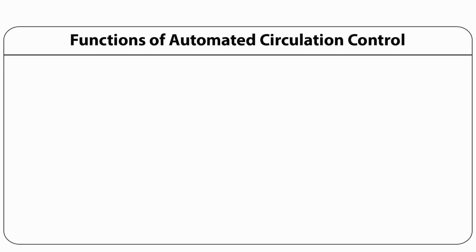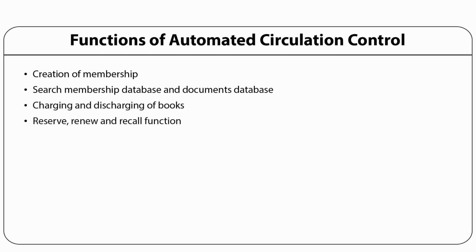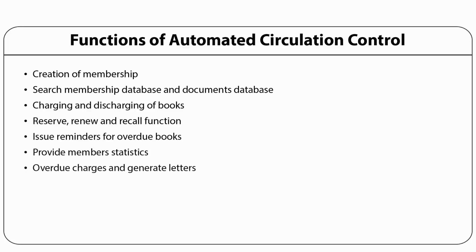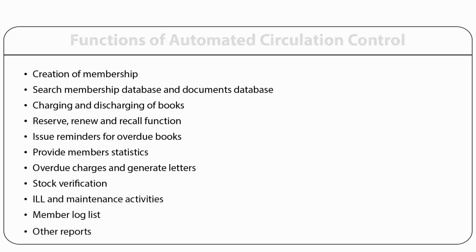Functions of automated circulation control are as follows: creation of membership, search membership database and documents database, charging and discharging of books, reserve, renew and recall function, issue reminders for overdue books, provide members statistics, overdue charges and generate letters, stock verification, interlibrary loan, member log list, other reports.